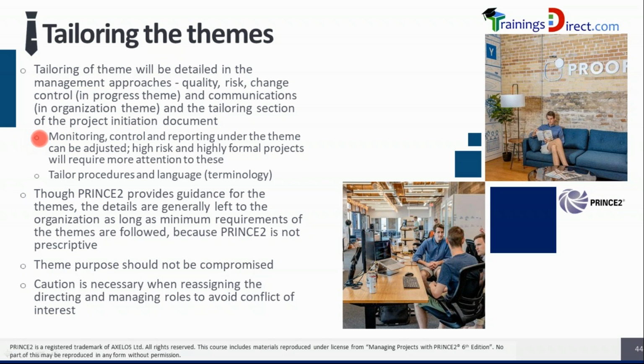Monitoring, control, and reporting under the theme can be adjusted. So as part of tailoring, the way the project is monitored, the type of techniques used for monitoring, and the way the project is controlled, meaning how escalations or exceptions are raised and processed, can be tailored in a project. And the way the reporting is done and the content of the reports can also be tailored.